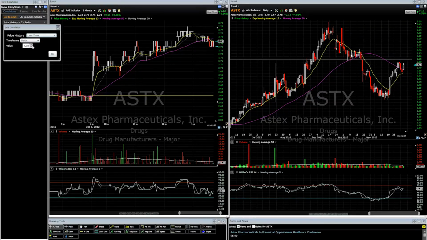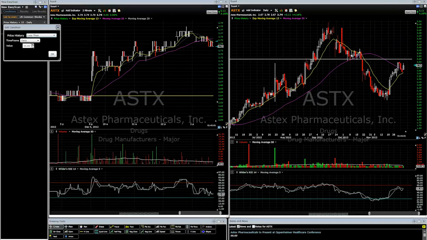We'll just do $15. You can set this to whatever limit you want. If you want to only look at $5 stocks and under, you can limit your list even more. But I like to look at stocks under 15 bucks, so we'll do price history less than $15.